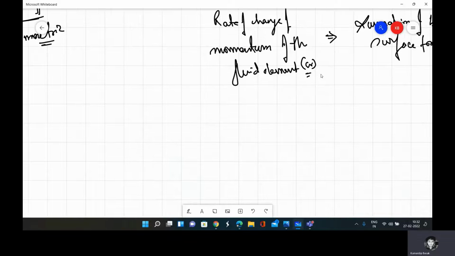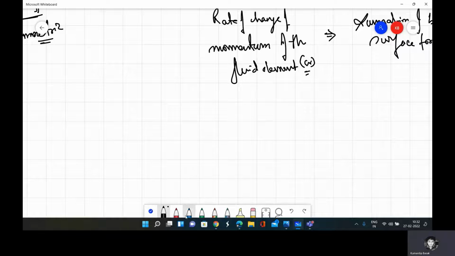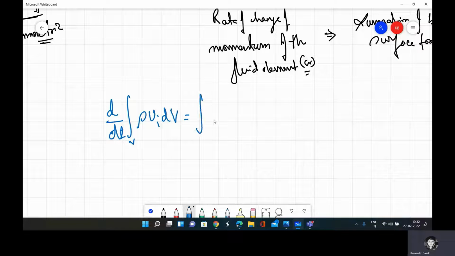Let's just understand that. Now what we can write, d by dt, and also simply, as you can understand, this is the rate of change of momentum, that is force. We can take the ith component of that. Therefore, using the ith component vector quantity with index notation, d by dt volume integral rho ui dV equals volume integral rho fi dV plus surface integral sigma ij nj dS.